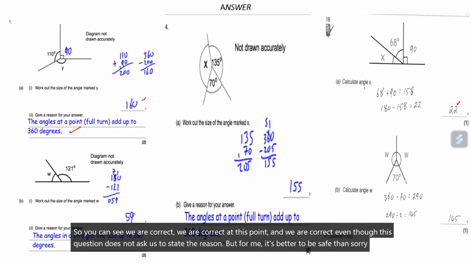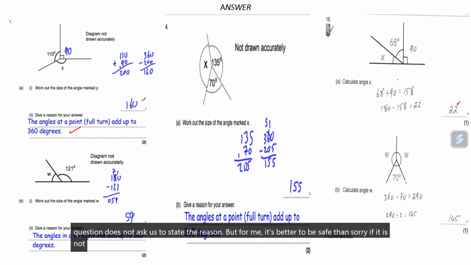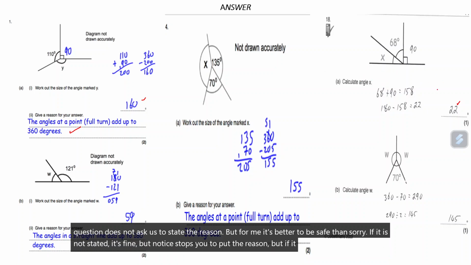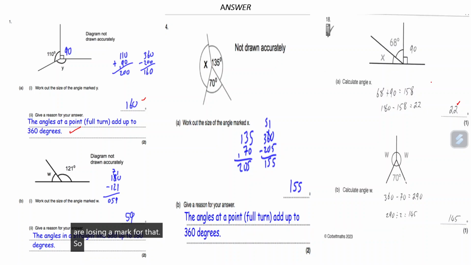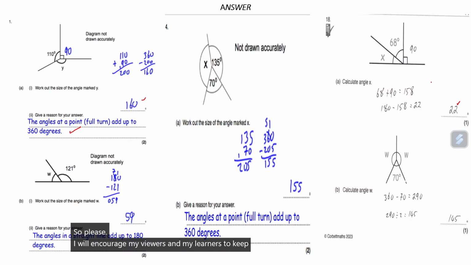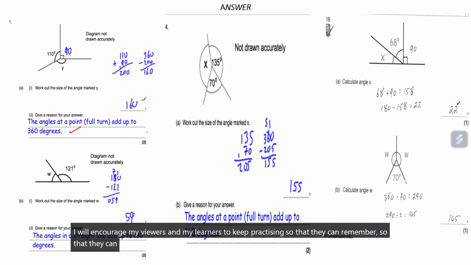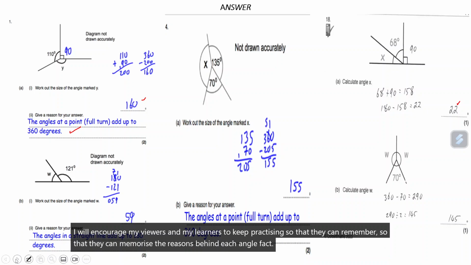If it is not stated, it's fine, but nothing stops you from putting the reason. But if it is stated and you omit it, you are losing a mark for that. So I will encourage my viewers and learners to keep practicing so that they can memorize the reasons behind each angle fact. So let's move on to the next slide.